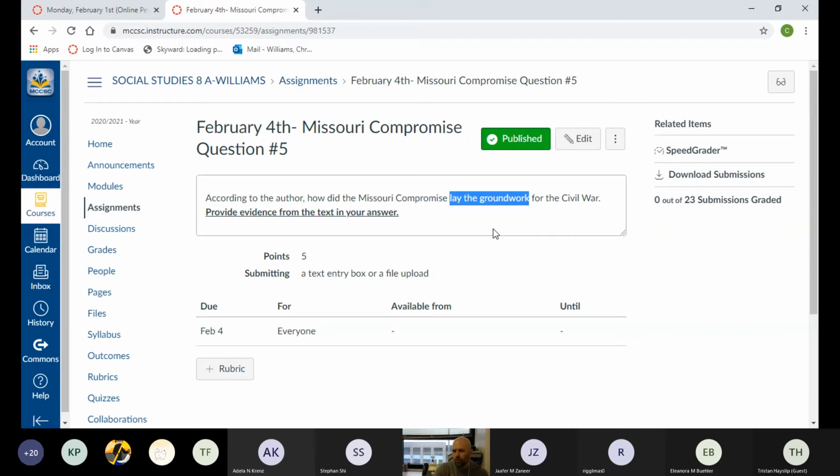Now, here's the key. You are welcome to do this as a RACE prompt. You don't have to, but you do have to provide evidence from the text. And let me clarify what I don't want you to do.